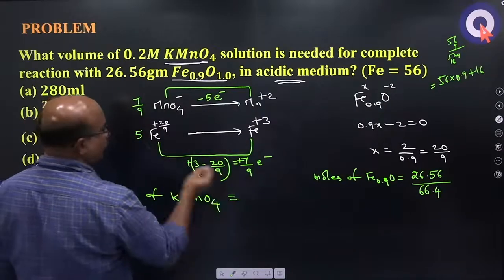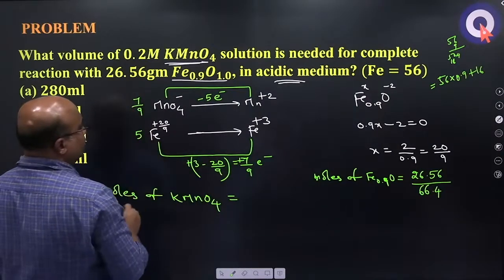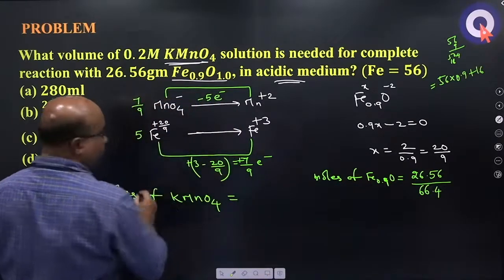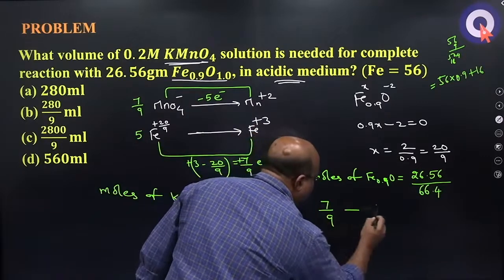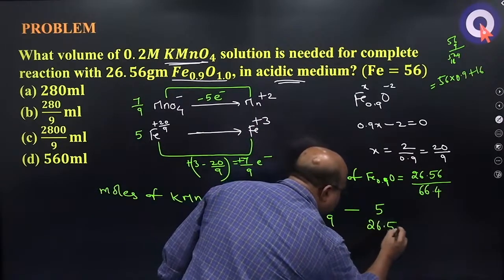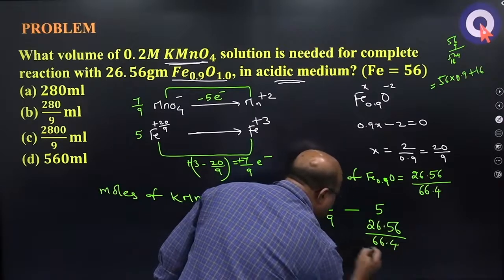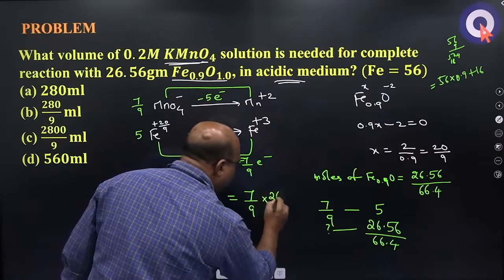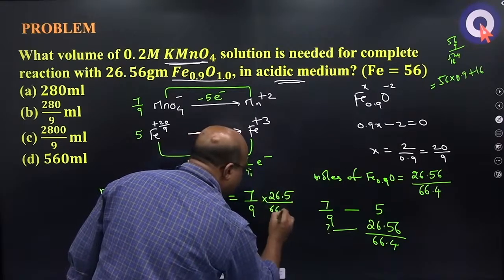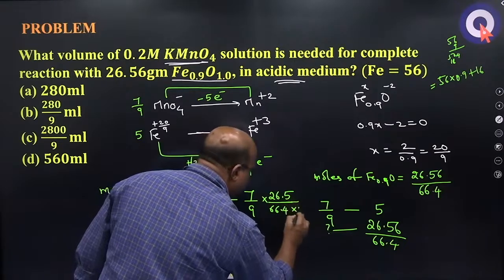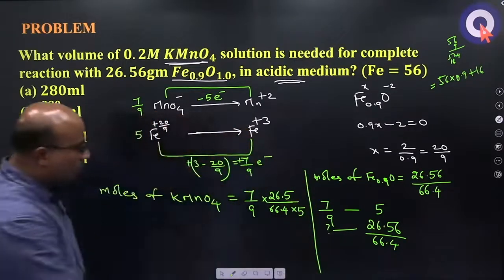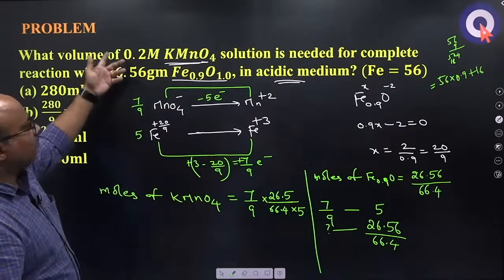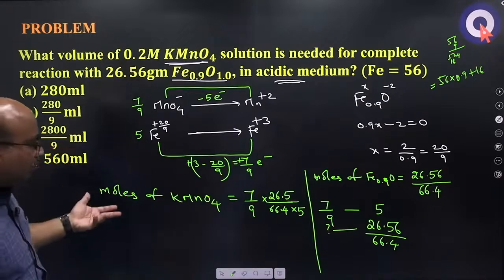So the number of moles of this is 26.56 by 66.4. For 7 by 9, we require 5. For 26.56 by 66.4 moles, how much is required? Cross multiplying, 7 by 9 into 26.56 by 66.4 divided by 5 gives the moles of KMnO4 required. Now the concentration is given, so you can calculate the volume.